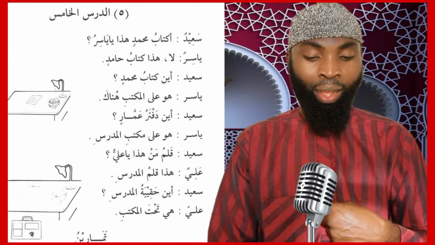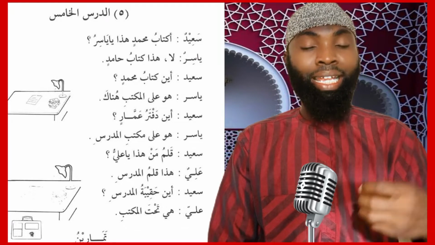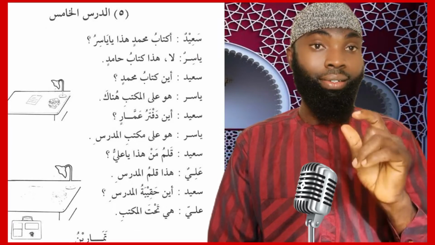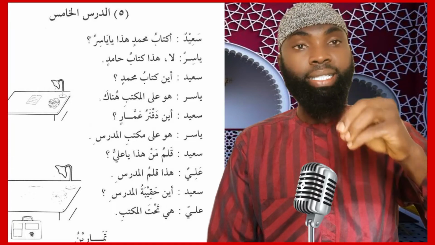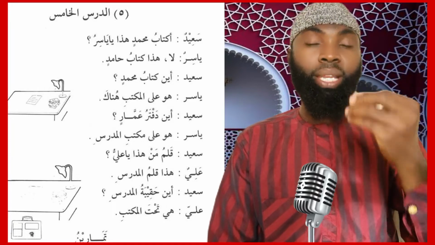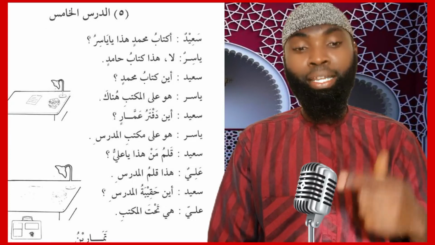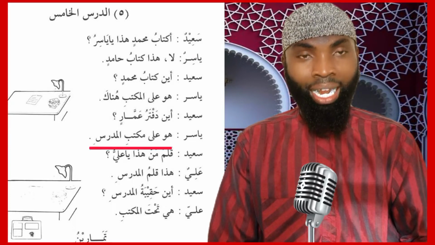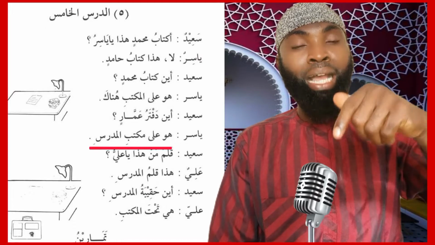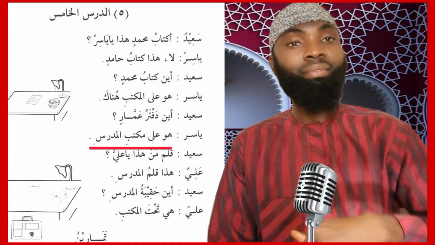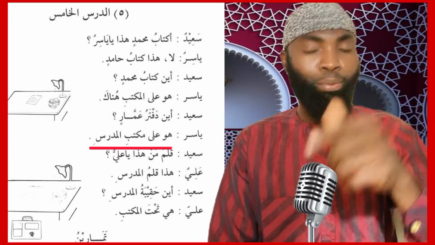Then we also have Alal Maktabi, and Ala, we have learned before, is harful jar, a preposition which changes a word from its original nominative case to the genitive case. Alal Maktabi. Furthermore we have Ala Maktabil Mudarrisi, on the teacher's table.